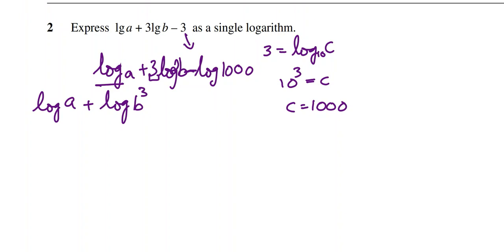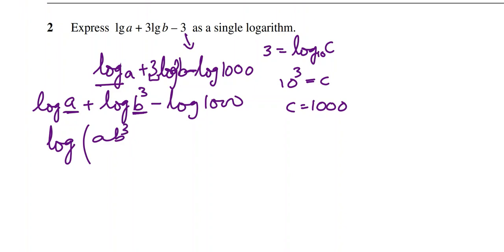So B was the log, so 3 became its exponent, minus log 1000. And now we can merge all of them because there is no coefficient in front of any one, so it will be 1 log, which is A multiplied by B cube, because they are adding. Inside log they multiply. This is subtracting, so it will be dividing, and this is one single log.